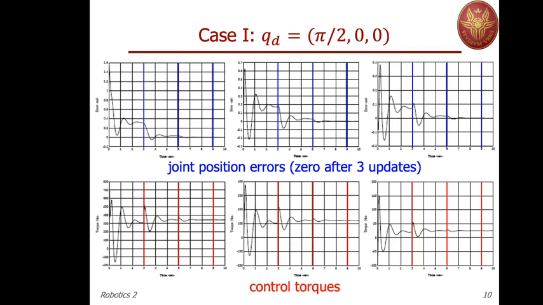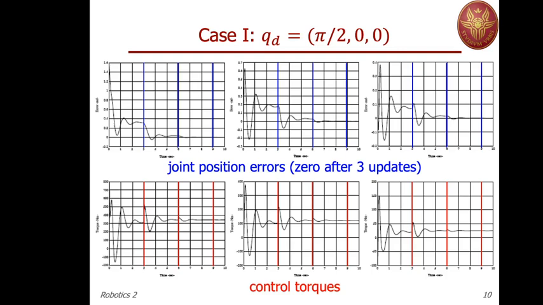At 6 seconds around, you reach a new steady state, you update your feedforward, and then at the end of the third iteration, you are practically at 0 error, you're below some numerical threshold that you can choose a priori. And this is done for all 3 joints at the same time.